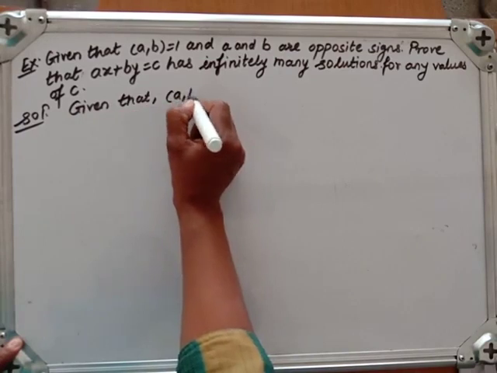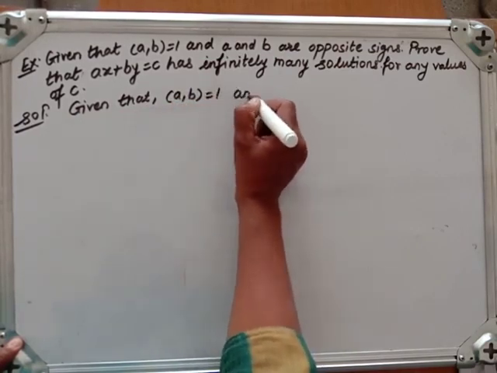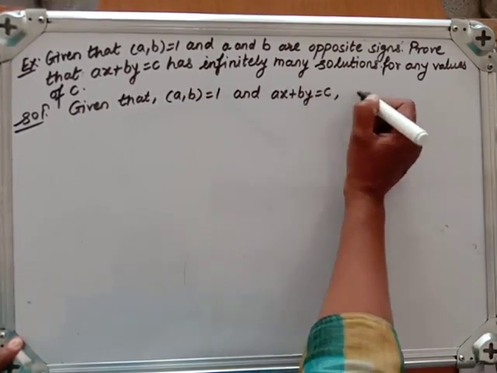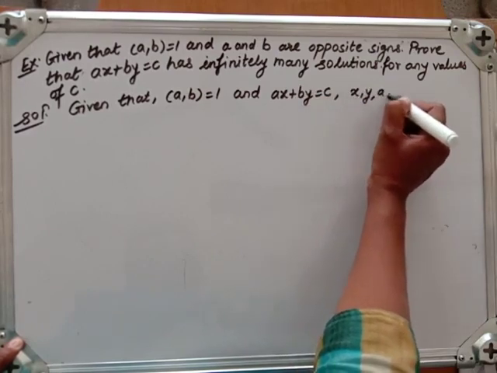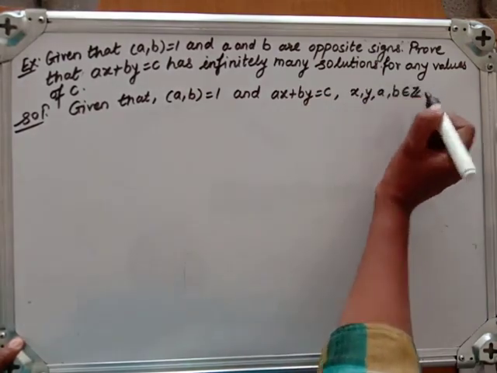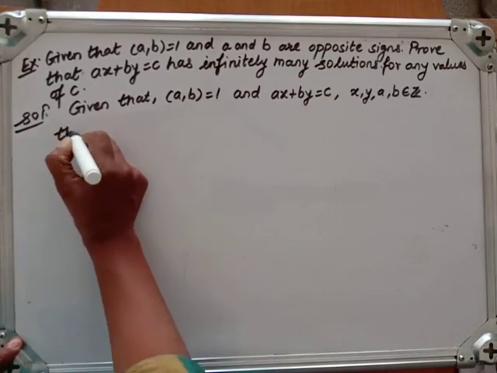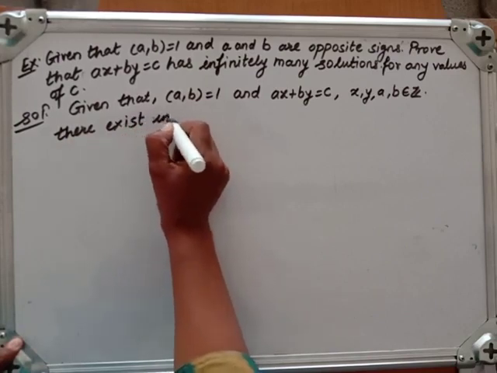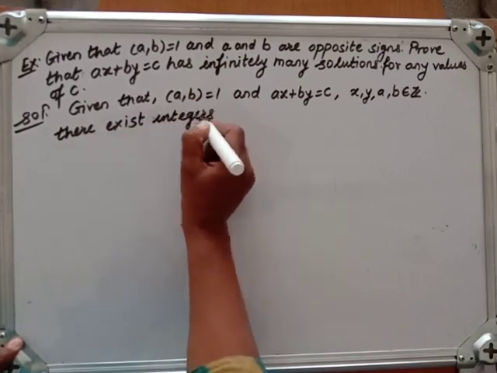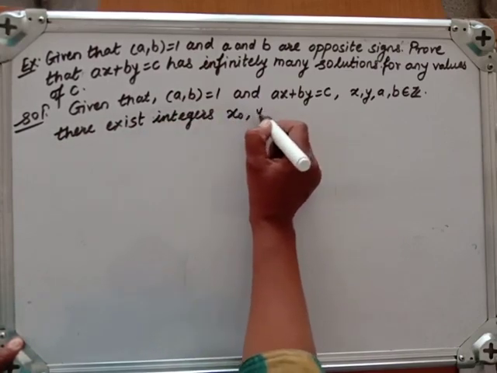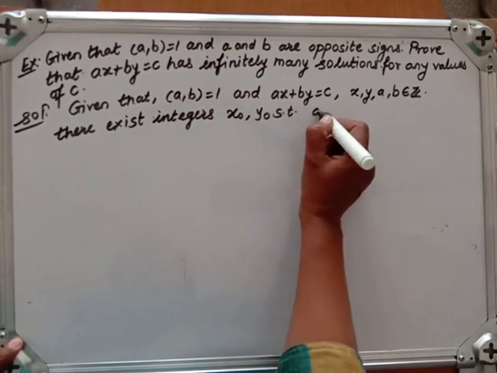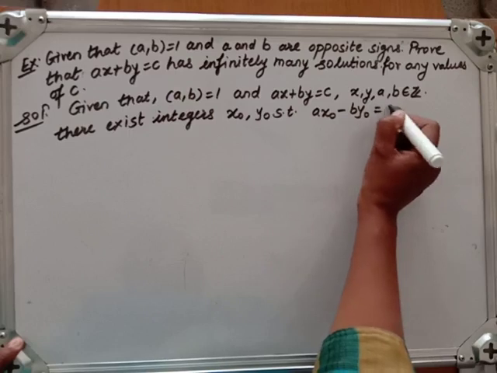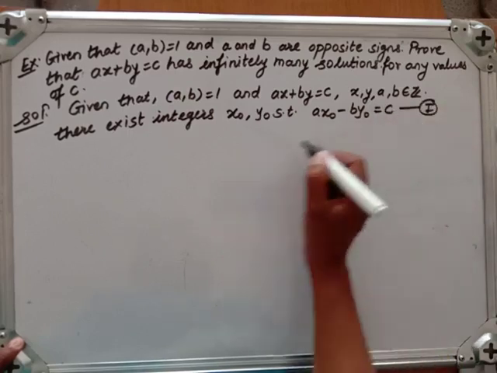A and B are relatively prime and Ax plus By equal to C, where x, y, A, B are in Z. There exist integers x0, y0 such that Ax0 minus By0 is equal to C. Call it equation number 1.